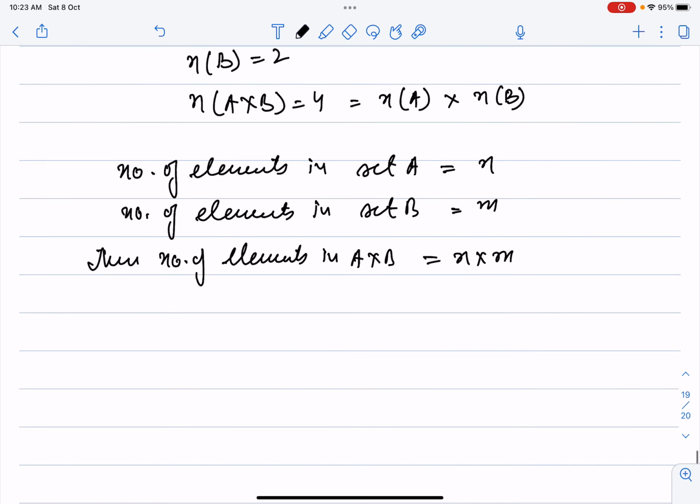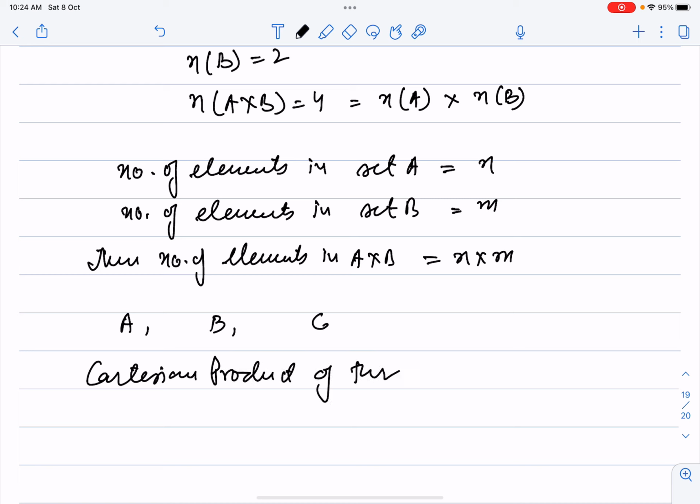Now suppose there are three sets, say set A, set B and set C, and we want to find the Cartesian product of the three sets. How to find it?